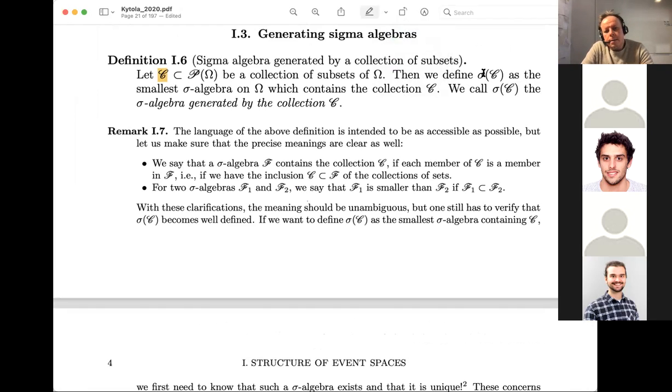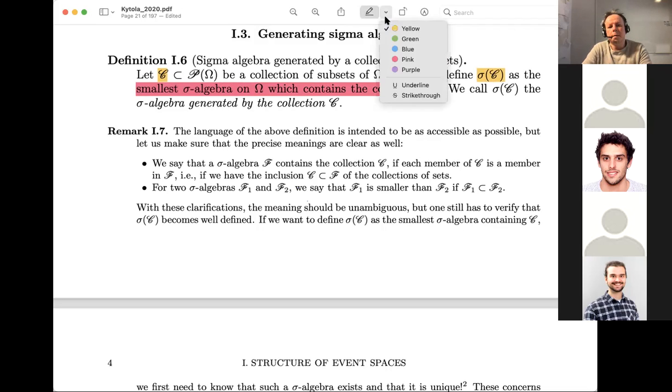And then we define sigma of C as the smallest sigma-algebra which contains all of these members of C. So we say that sigma of C is the smallest sigma-algebra which contains the collection C. This is a very abstract way of doing things, but we call this the sigma-algebra generated by the collection C.